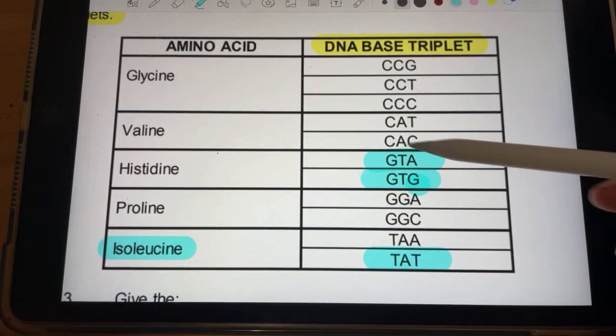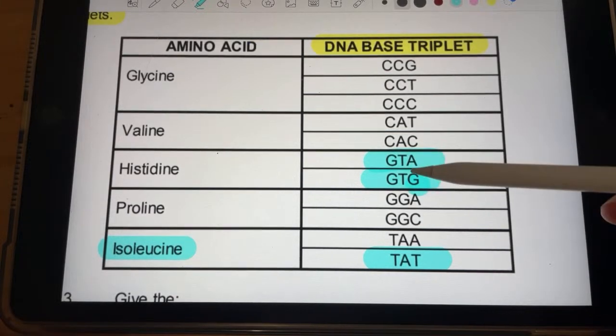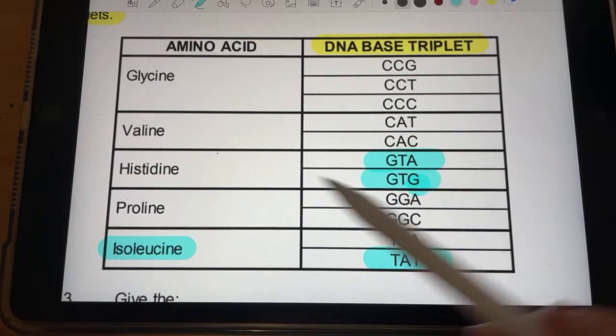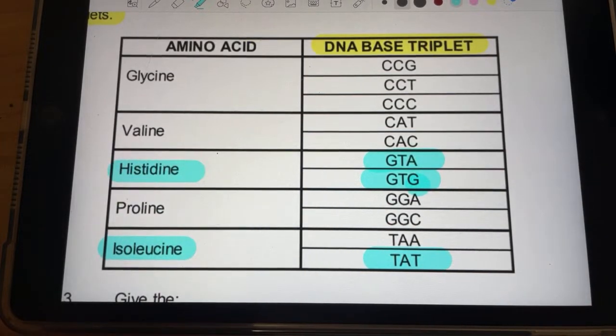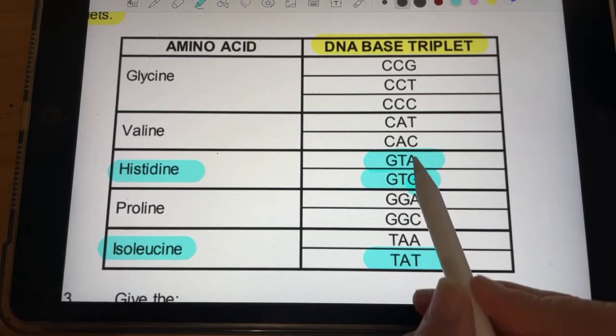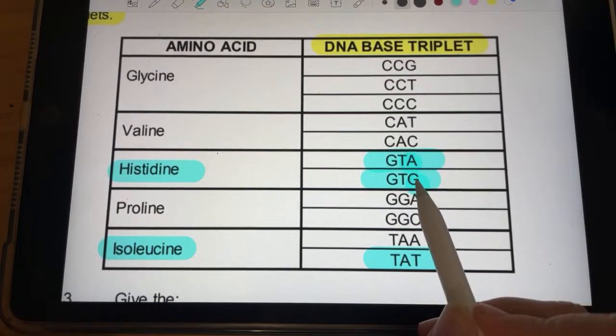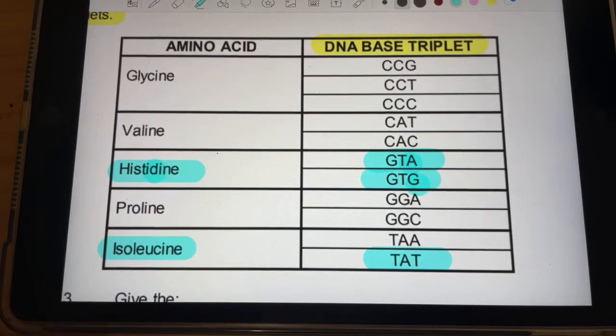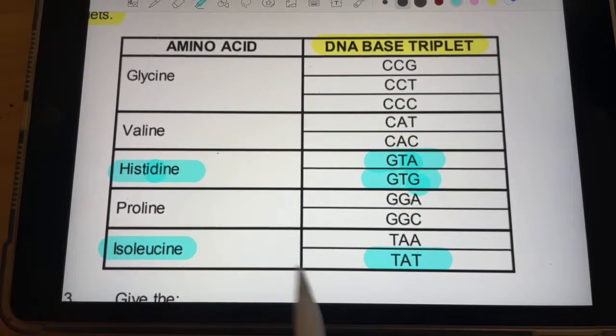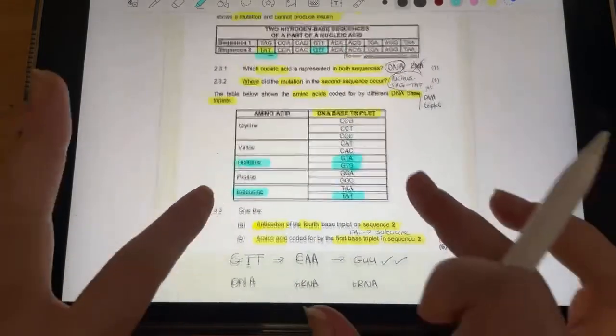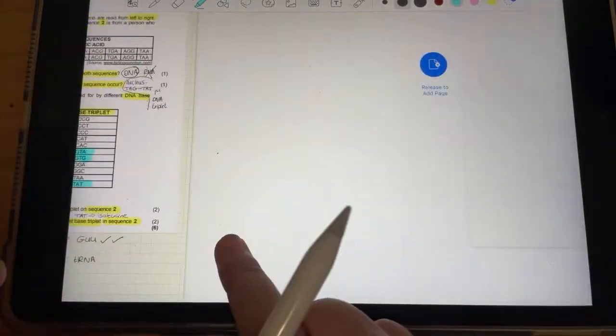Please make sure that you check what is the actual effect, because as you can see here, the effect is nothing. They both make histidine. It doesn't matter if the letter is mutated and changes from A to G. It's still going to make histidine. So please, please make sure that you double check that. Okay. I think that's my last question.